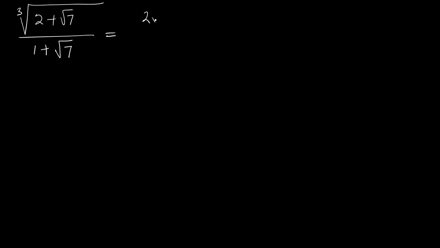Now let's go back to this other side. That means the cube root of 2 plus root 7 divided by 1 plus root 7 will now be equal to 2 root 7 minus 26 divided by minus 216. So what we're going to do now is we factor it out. So what are the factors that are here and here?